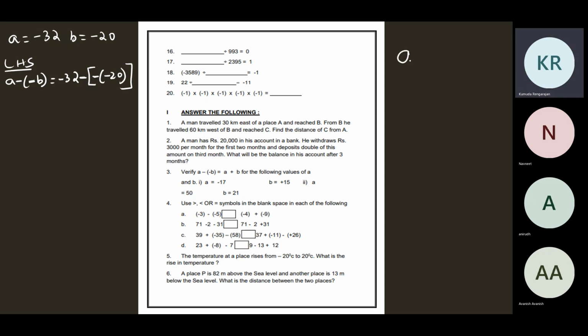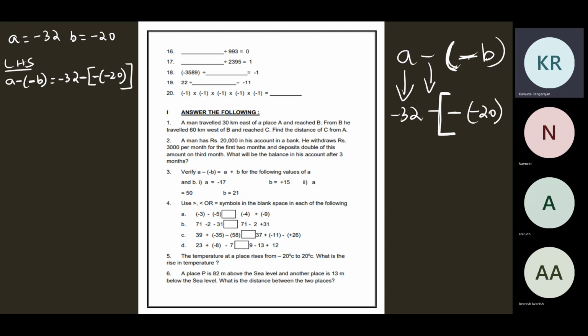A minus of minus B. Instead of A, what should we write? Minus 32. Then put this minus sign as it is. Now you notice that B itself is negative. This B is negative 20, so instead of the simple bracket, start a square bracket. Put this minus sign as it is. What is given instead of B? Minus 20. It cannot be put like that, so put it in a bracket. That is why we started with the square bracket. It's fine, you can change the bracket. A simple bracket is given, but you can change it to a square bracket.